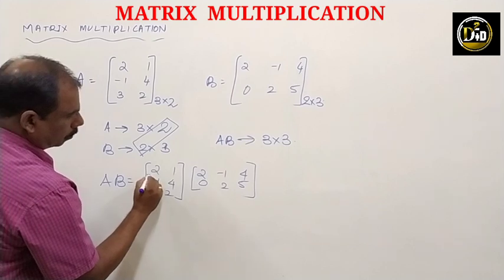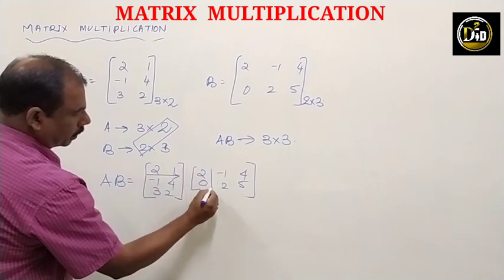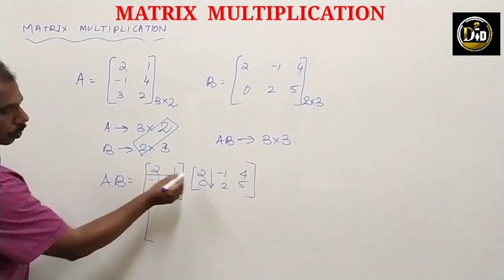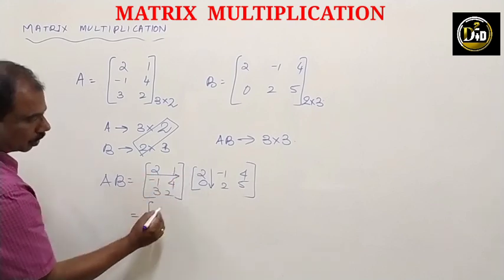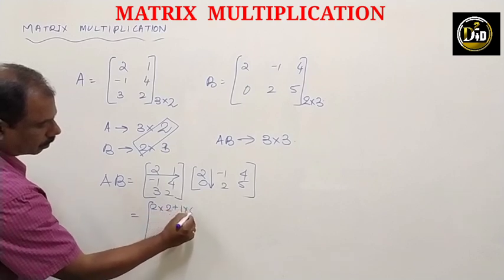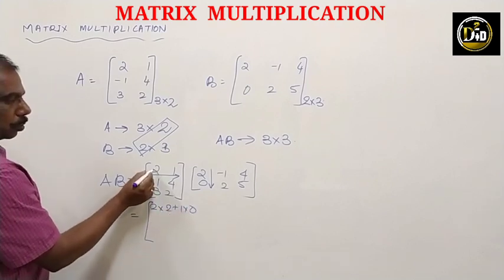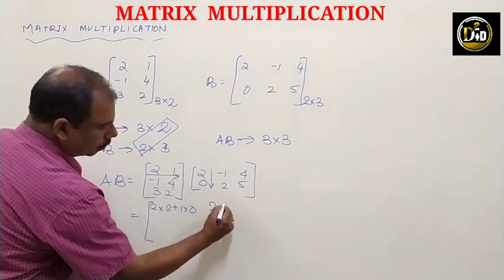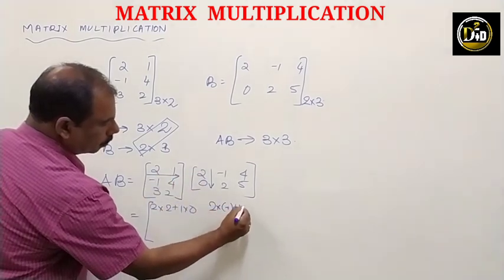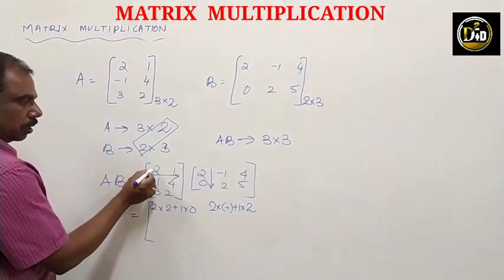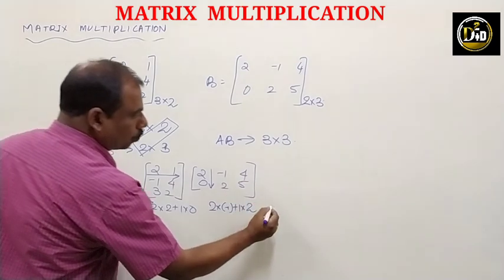We follow the principle of multiplication, that is 2 into 2 plus 1 into 0. The next element, 2 into minus 1 plus 1 into 2. We have one more column to be multiplied, so it is 2 into 4, 1 into 5.